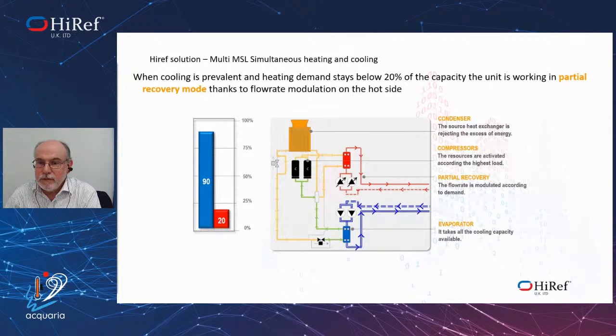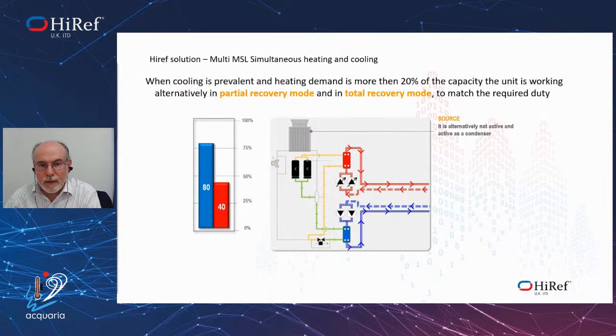And in this case, I can't do my maths, so it's got 90 and 20. You're normally looking at 80 and 20 and rejecting the other heat which is not required. So the 20% of heat not required, you take it out through the atmosphere.